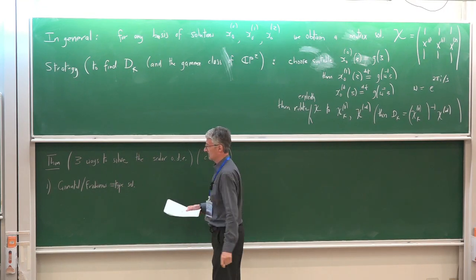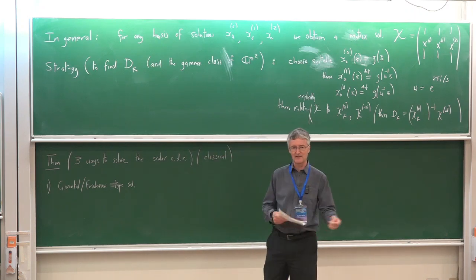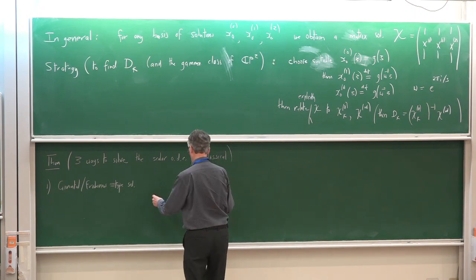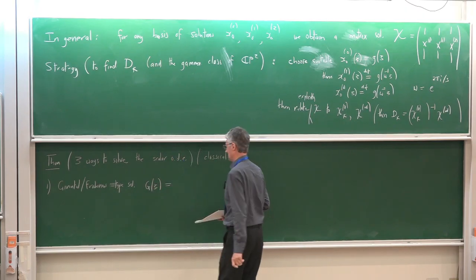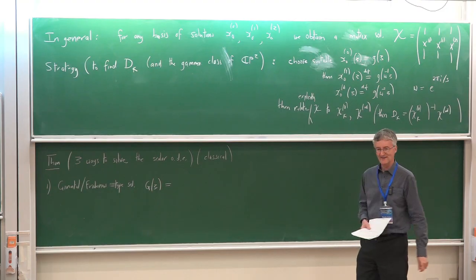Of course it's not exactly the Givental solution because I transformed the equation, but for the analogous solution, I'm going to call it G for Givental.